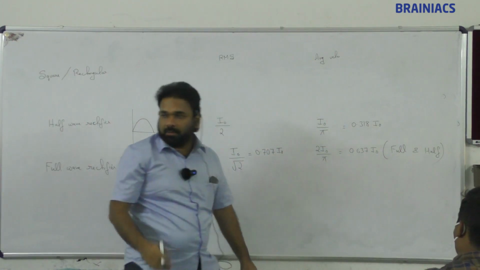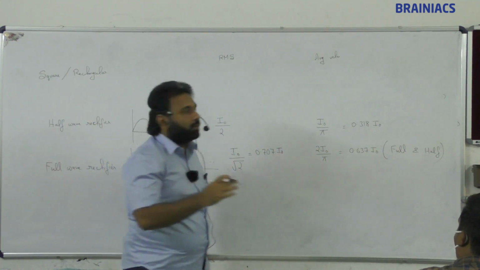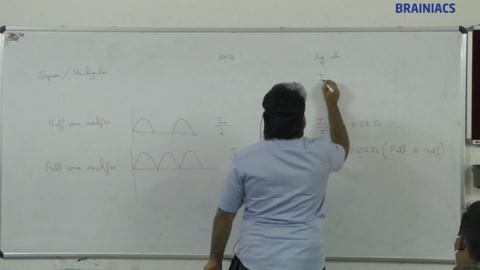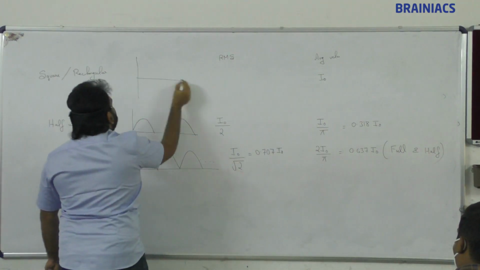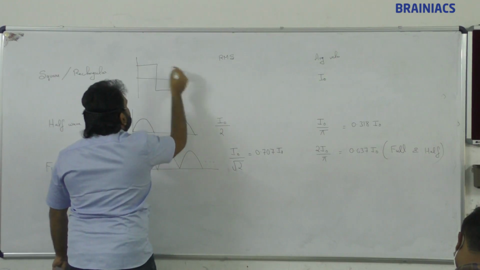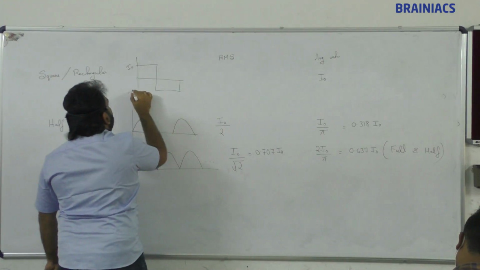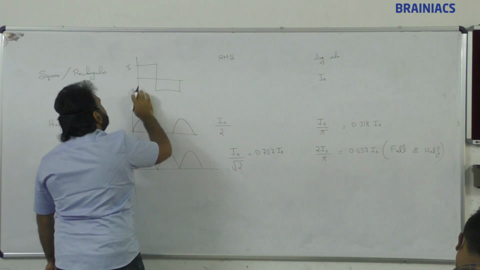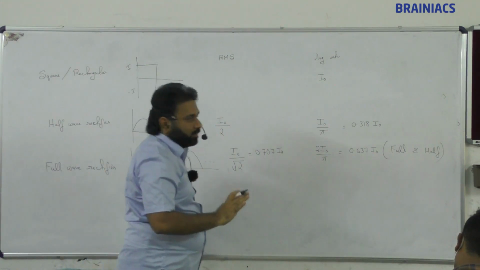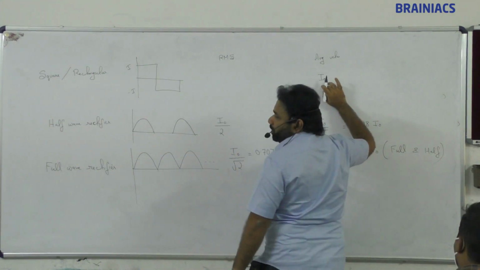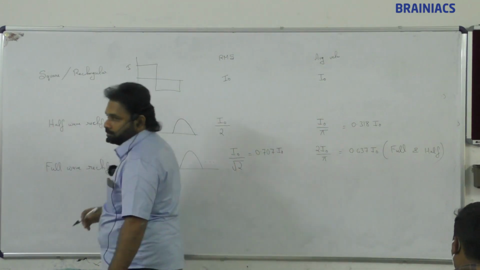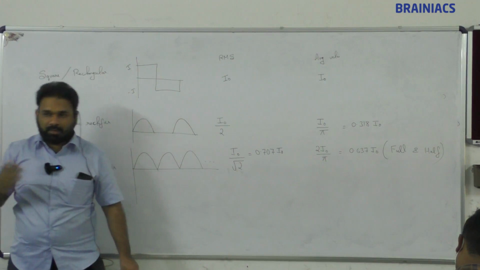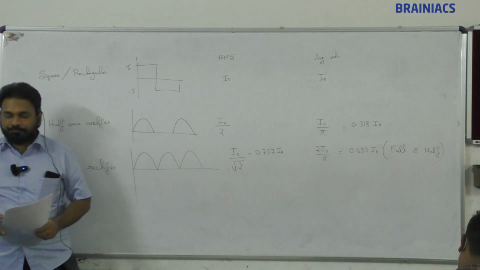For full cycle we have seen 0. For half cycle it is going to be the maximum value only, right? This is going to be like this, I naught or minus I naught. There is no variation, it is actually constant. So we can say simply it is going to be I naught, and the RMS value is also going to be the same. If we take a square and then take a root, the same value will come.